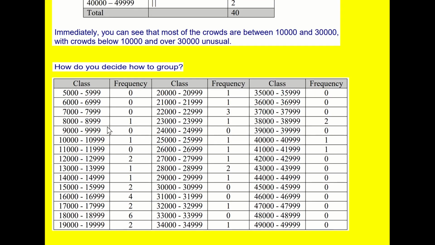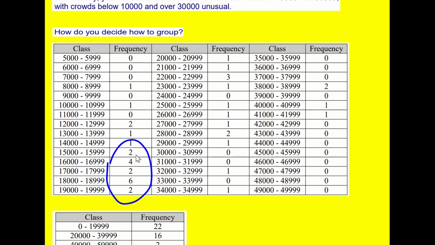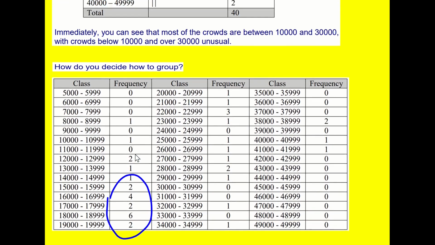You can see it becomes a bit useless because now, although I've got more information, I've lost the feel for the data sets. I can see there's a load going on here, but there's just too many numbers to look at to be able to make simple statements. What if I did 0 to 20,000?